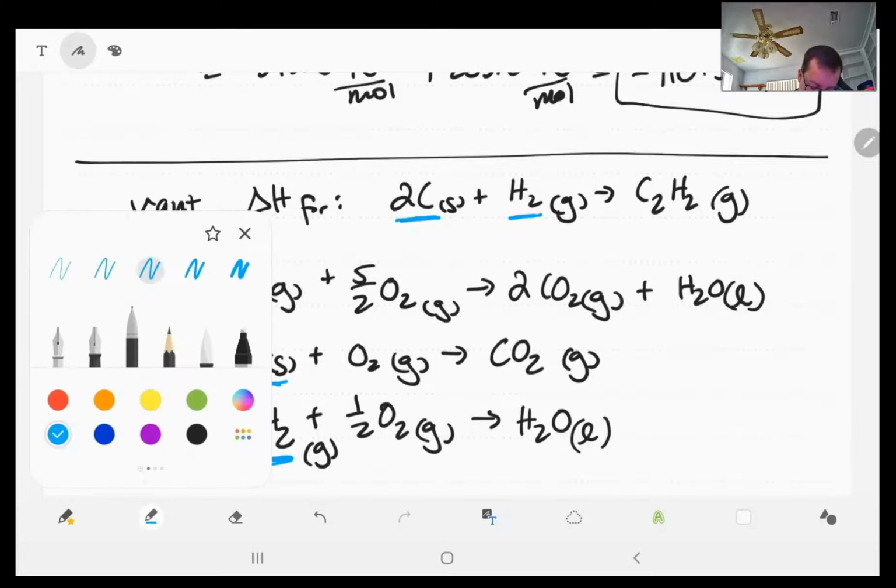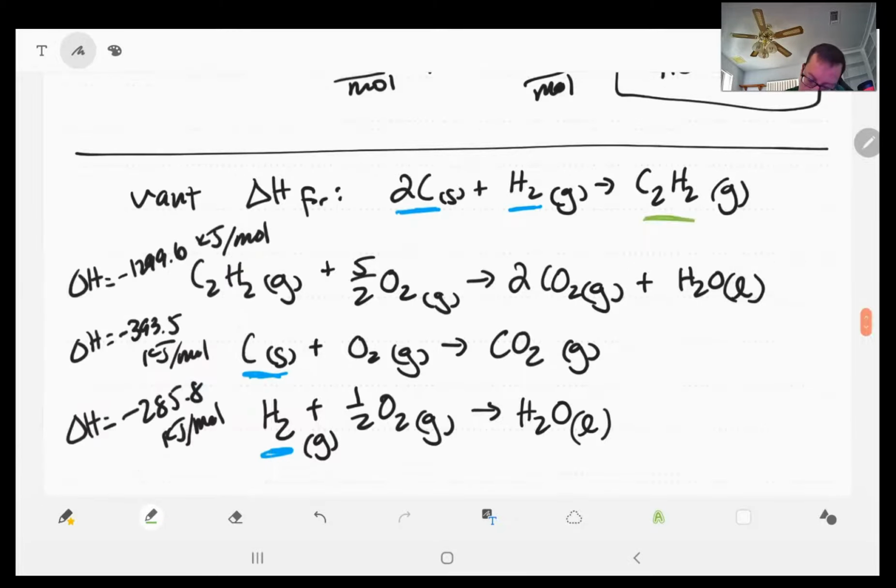The product I have is acetylene, C2H2. You don't need to know that name yet. That's a reactant, right? Or it's a product, but here it's a reactant. So we need to reverse this reaction. Right? Because we need it to be on the product side.